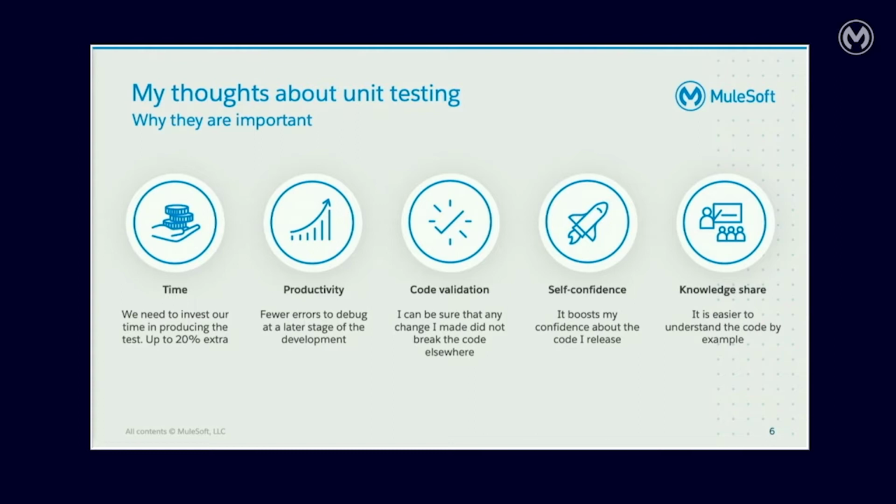What's more, we've got code validation, so I can be sure that even if I need to do some urgent fix, I won't forget anything that will cause some major issue, as has happened many times. I've tried to deploy, and MUnits were showing, no, you cannot go there, we are failing.